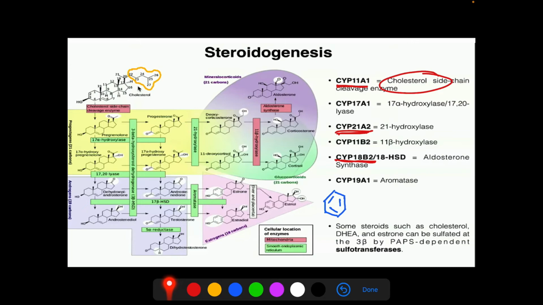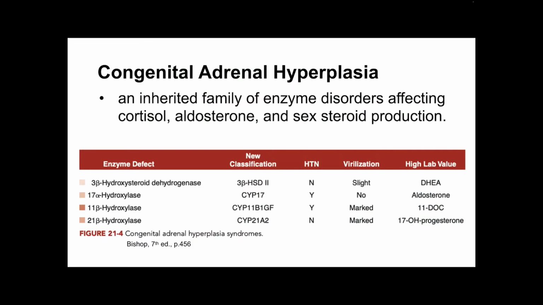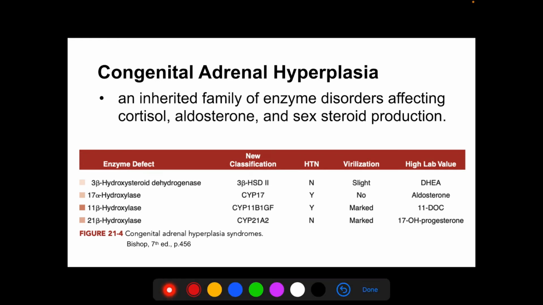Okay, so I hope that this steroidogenesis is clear to you now, and also the different enzymes that are involved in this pathway. Now, let us have the CAH, or the congenital adrenal hyperplasia. So this is an inherited family of enzyme disorders. So we have tackled this one already.